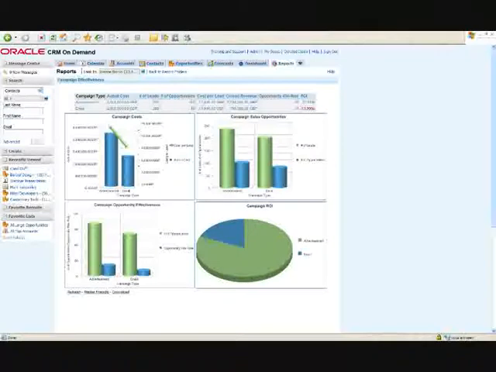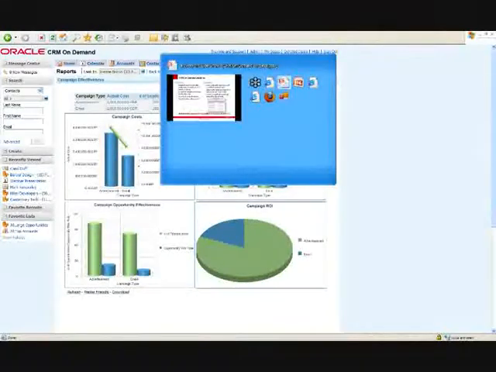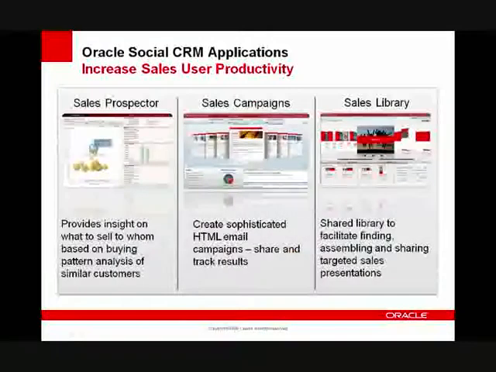David talked a lot about our social CRM system, so let me talk a little bit more about those. There are, I think, two elements to most implementations of CRM. One is a sort of management oversight: how are we doing with our sales, our marketing, and our service?